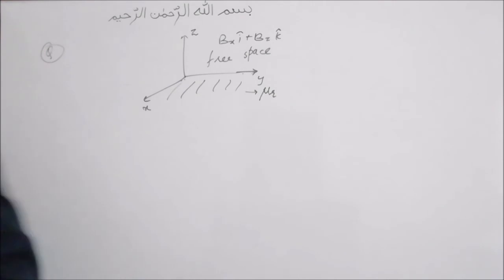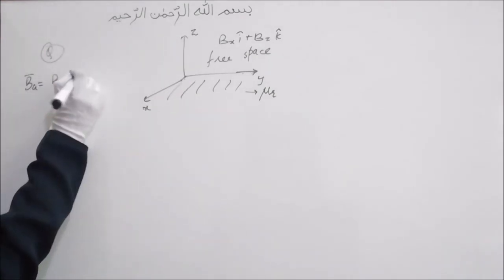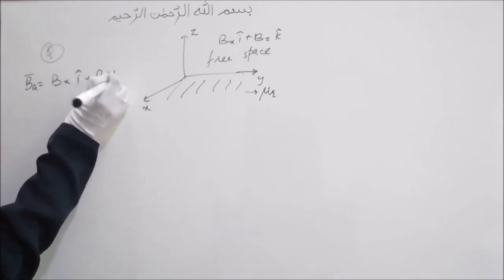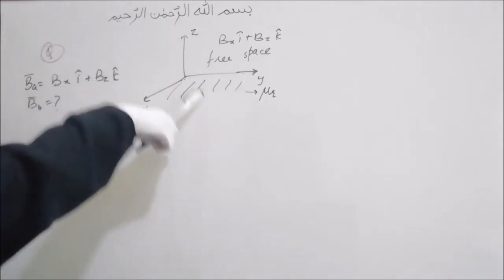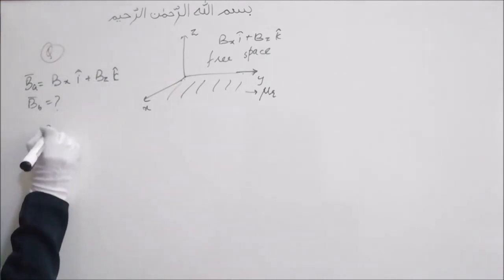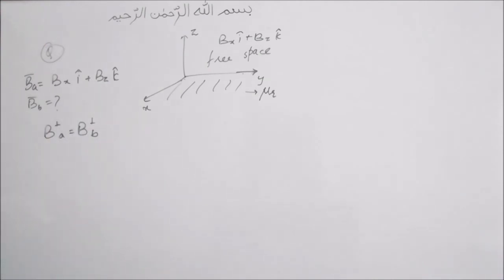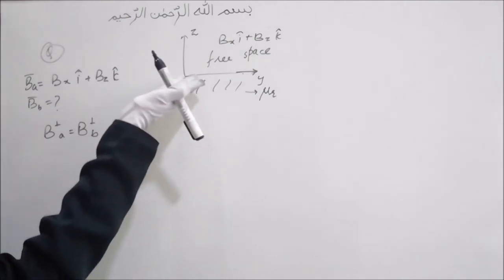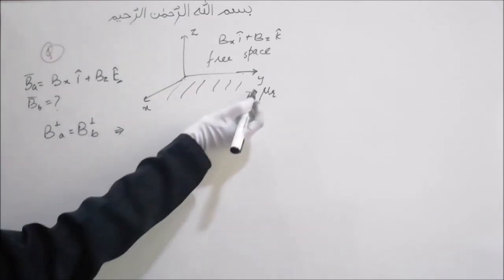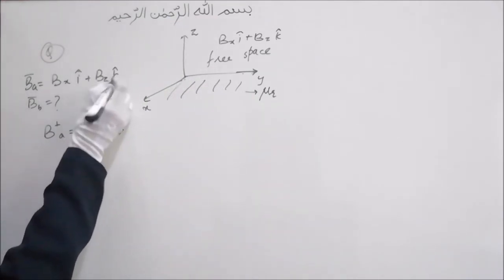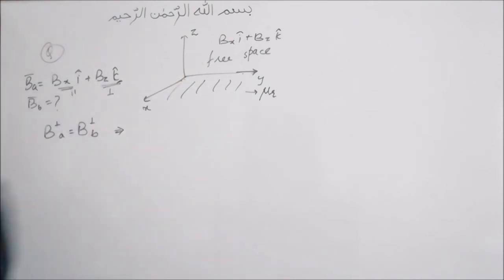Now here B above total is equal to Bx i hat plus Bz k hat, and we have to find what is B below the boundary between the free space and this magnetic material. We know the formulas. B perpendicular above is equal to B perpendicular below. So the perpendicular component, that is perpendicular to this xy plane, is the k hat component, right? Z direction is perpendicular to this xy plane. So this is the perpendicular component, and this i hat, which is along the x direction, is the parallel component.